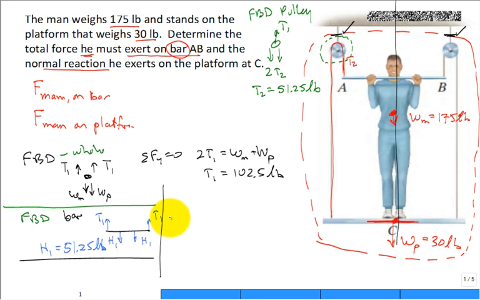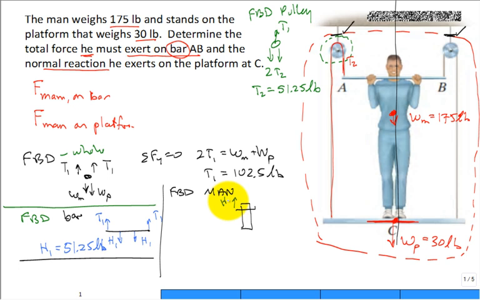Let's do another free body diagram. Maybe I'll tuck it in right here. Free body diagram of the man. See, we're getting really good at free body diagrams, aren't we? Now, if you isolate the man and focus on the man, maybe you go ahead and draw the man like this. If the man is pulling down on the bar, what's the hand force that the bar exerts on the man? Isn't it upward?